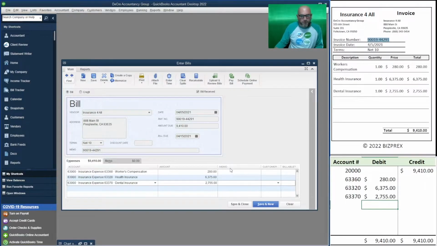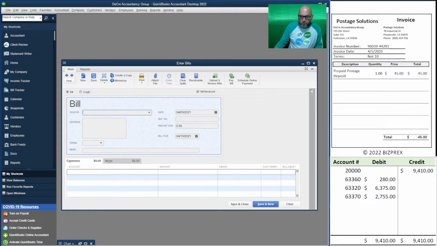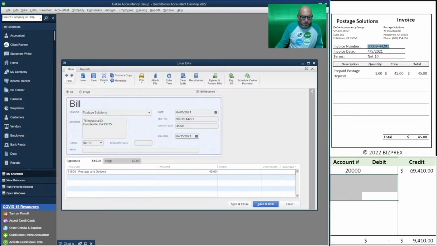It's a setup inside QuickBooks. All right. Date is correct, everything is correct, saving. Then we have postage for $5. Again, it is a prepaid expense.